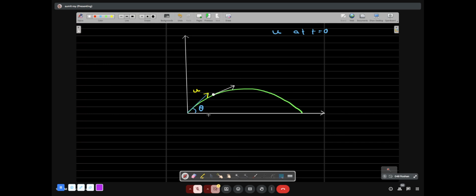But tell me one thing, is it that the velocity which the particle now possesses and the velocity which the particle initially had, are they in same direction? No, sir. After some time, will the particle reach here? Yes, sir. After some time, the particle will reach here and the velocity will be along this direction.